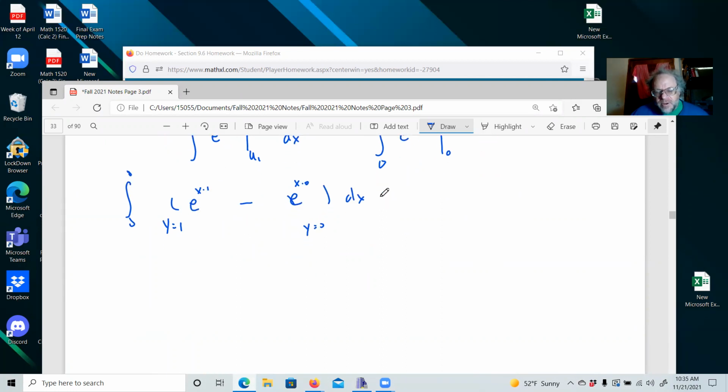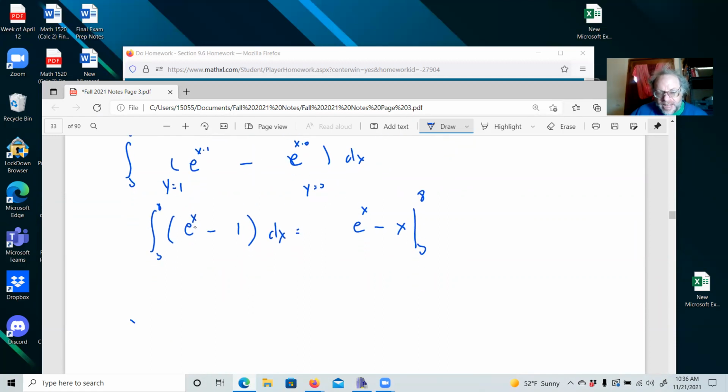Well, e to the x times 1, that's just e to the x, minus e to the 0, right? 0 times x is 0. E to the 0 is 1. Now we're going from 0 to 8, and dx. The y's are used up. No more y's. The integral of e to the x is e to the x. The integral of 1 is x, so minus x, and we are going from 0 to 8.